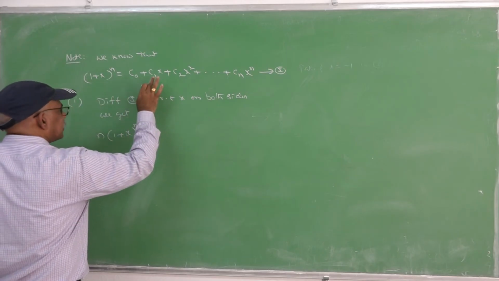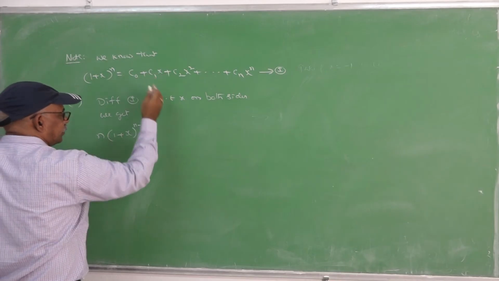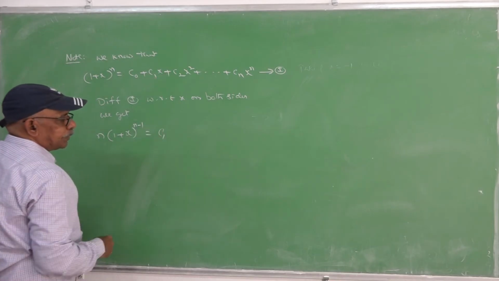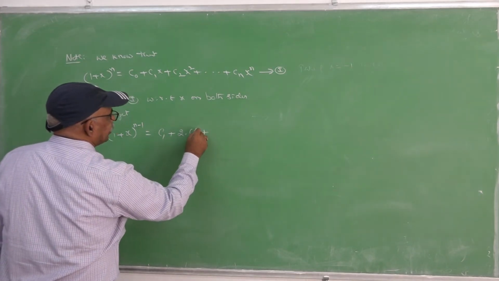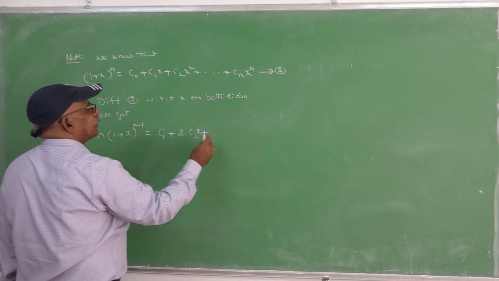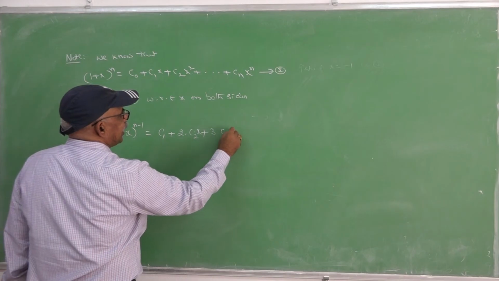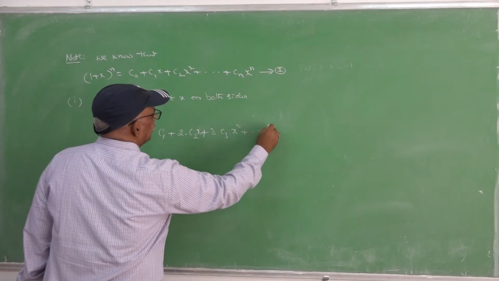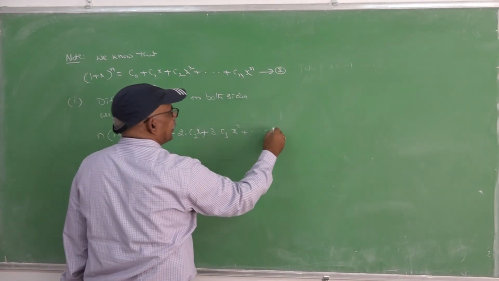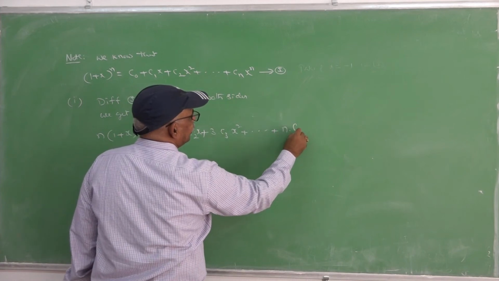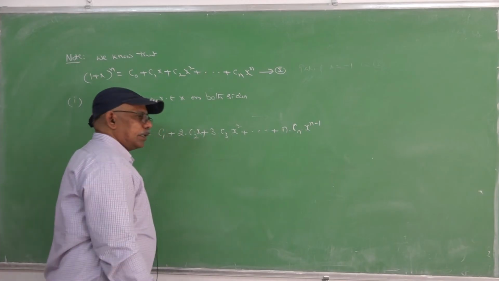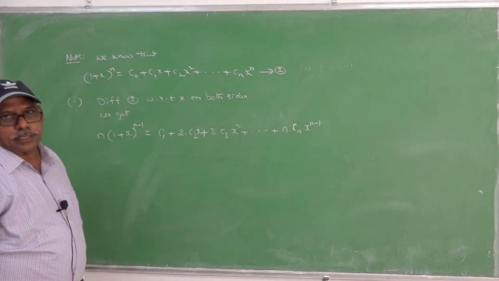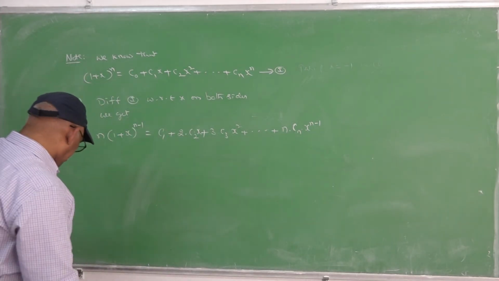For c1x, it is only c1, plus we get 2c2x, 3c3x square. Like that, once you differentiate this one, n into cn x power n minus 1. On differentiating both sides with respect to x, we get this one.